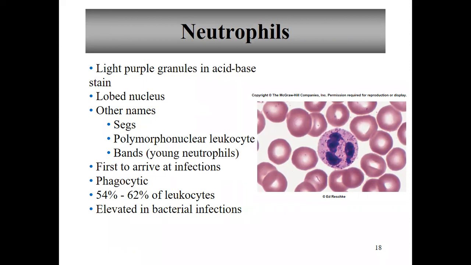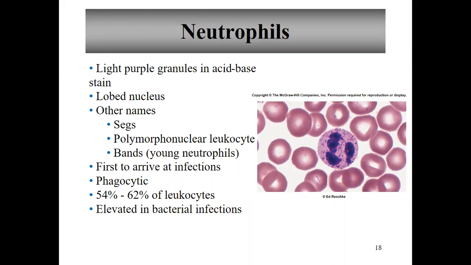Bands are young neutrophils. This is the white blood cell, or leukocyte, that makes up more than 50% of the total amount of white blood cells in the blood, 54 to 62%. And this particular white blood cell elevates or starts to multiply when you have bacterial infections.